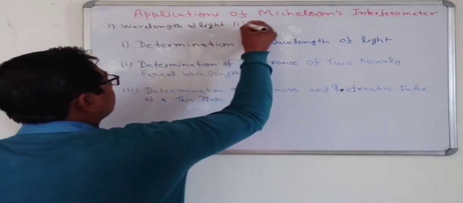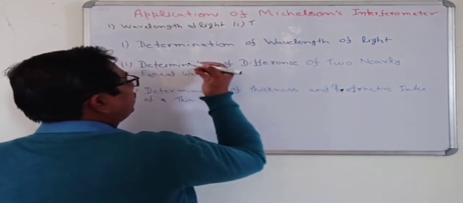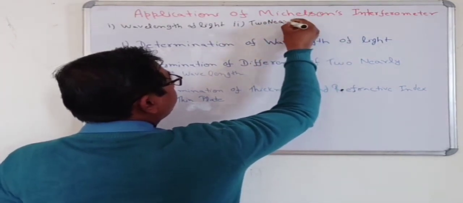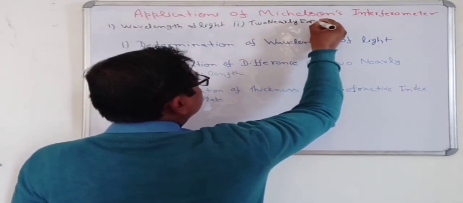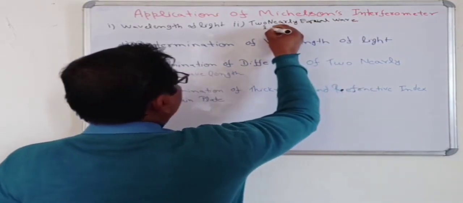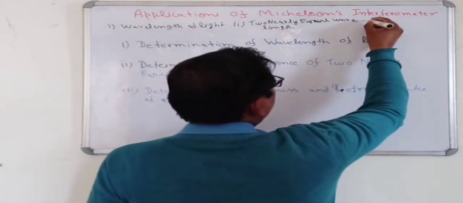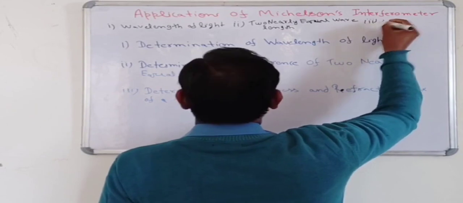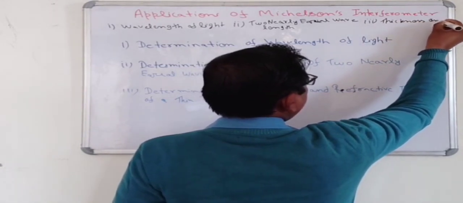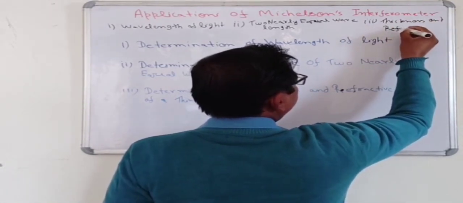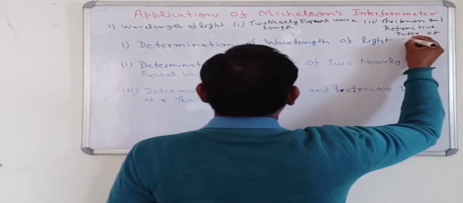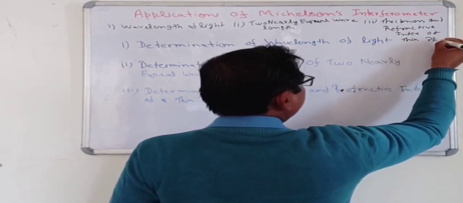Then we will discuss the determination of the difference of two nearly equal wavelengths, and last we will discuss the determination of thickness and refractive index of a thin plate.